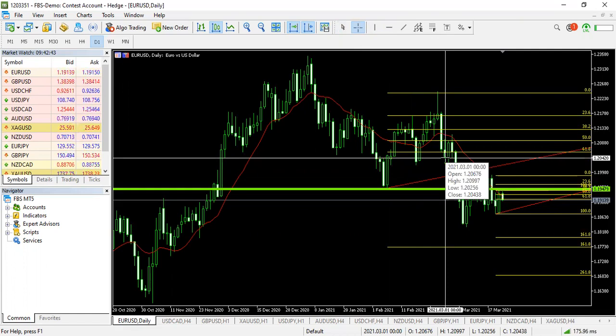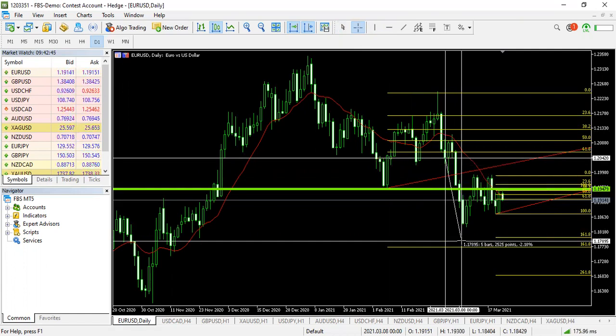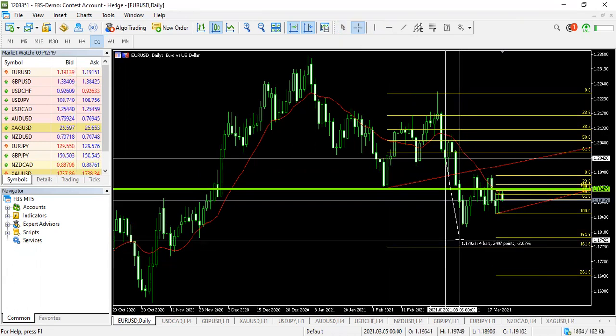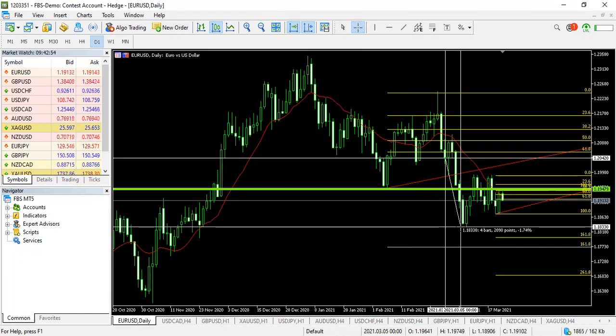And we've got a range between 120,400 and 118,330. So that's a 200 pip range, where we're going to wait for the pair to touch the bottom of the range or the top of the range for us to actually make any move.